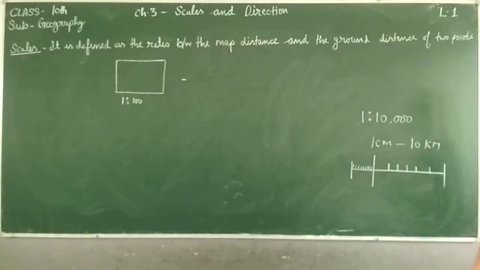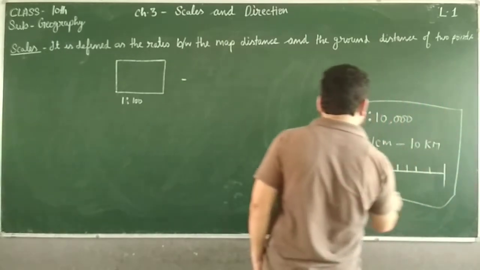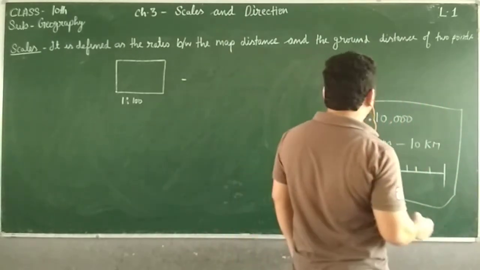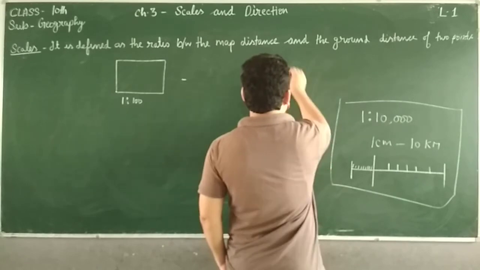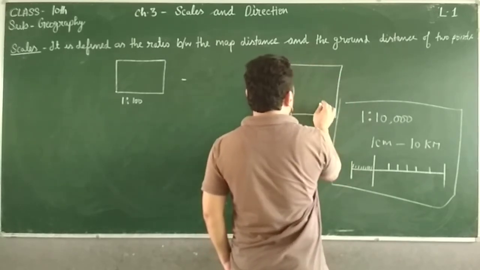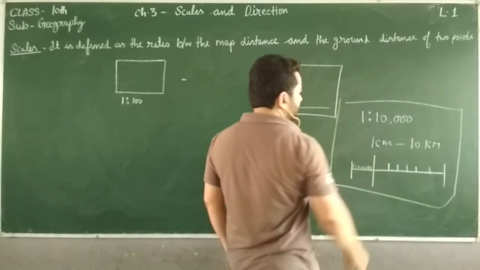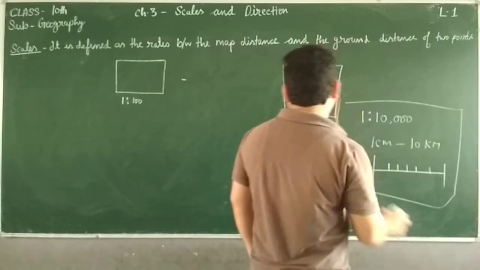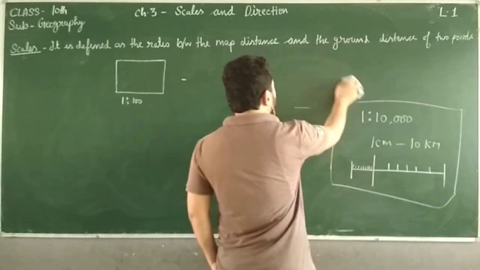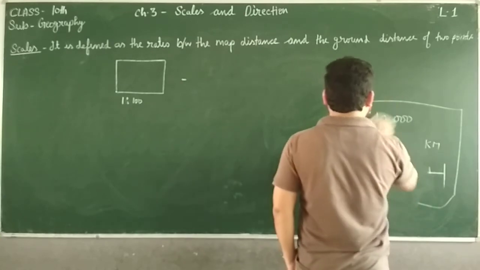You must have seen these things drawn on the side of a map. So these are scales. Now what is actually the definition of scale?